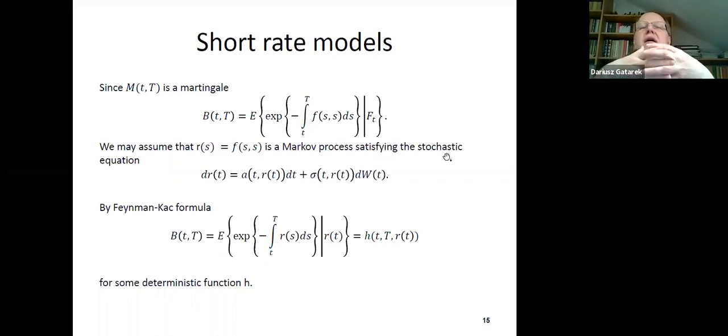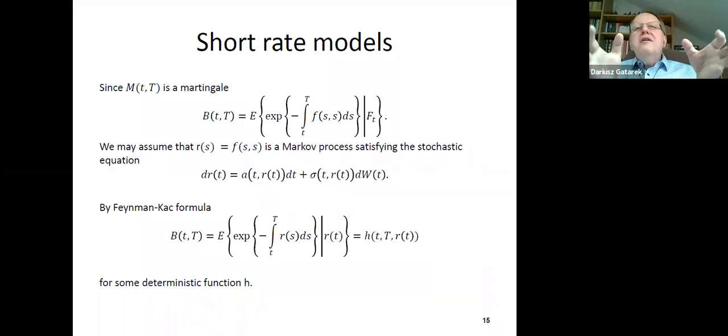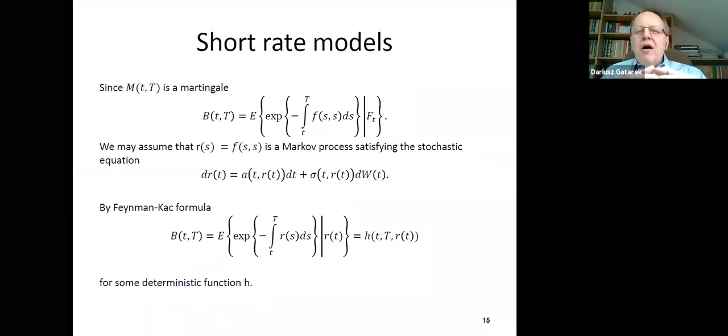So as I've told you, practically all calculations of expected values in stochastic processes have somewhere Markov processes as assumption, because the Feynman-Kac formula is the fundamental tool of calculating expected values.